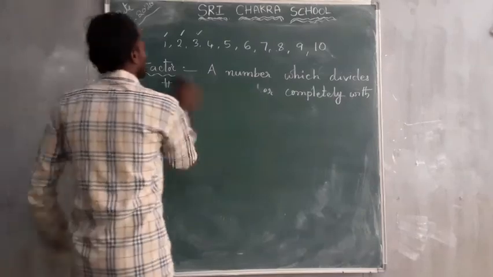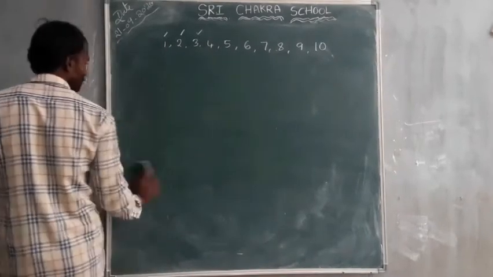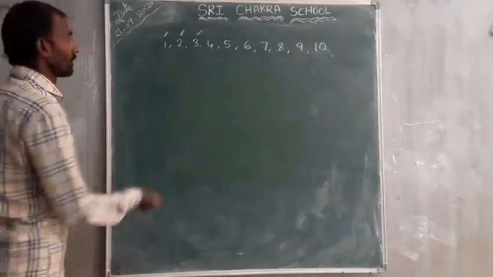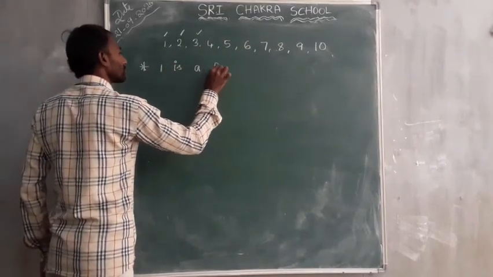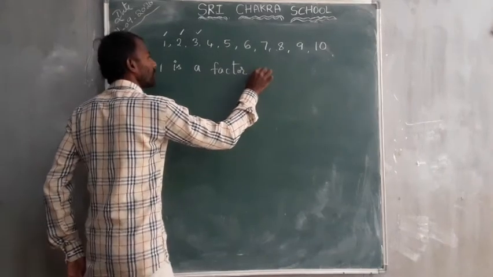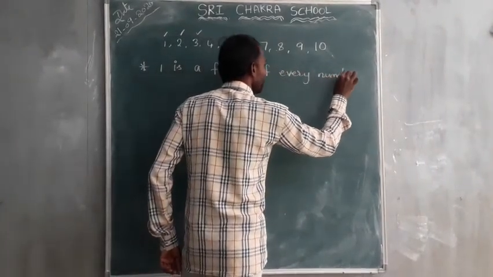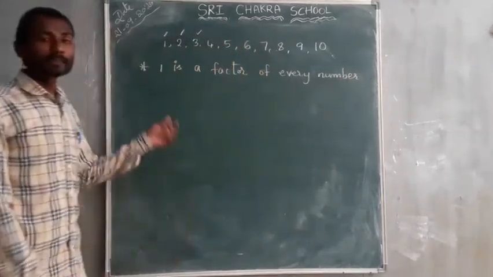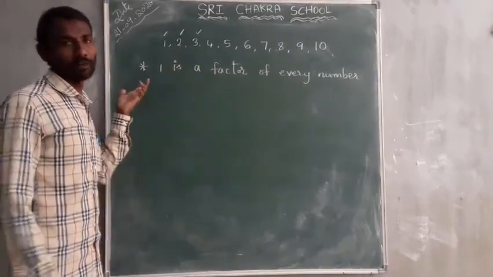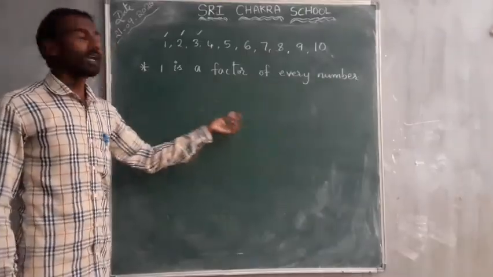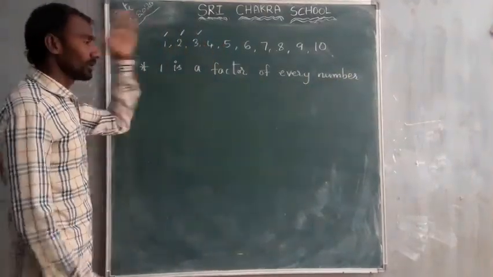Okay. And then a very important thing, 1 is a factor of every number. Because 1 divides every number. 1 divides 100, 1 divides 1000, 1 divides 999. Okay, 1 is a factor of every number. Starts from 1 to infinity.